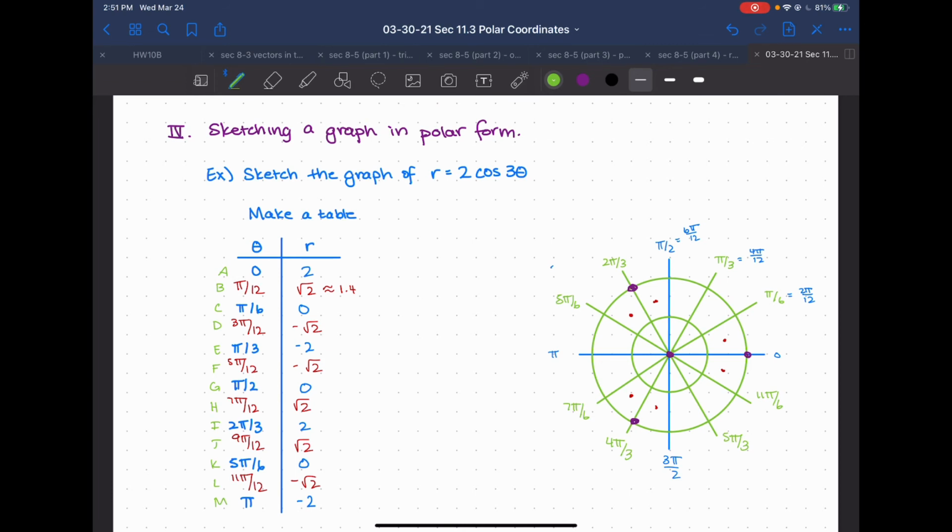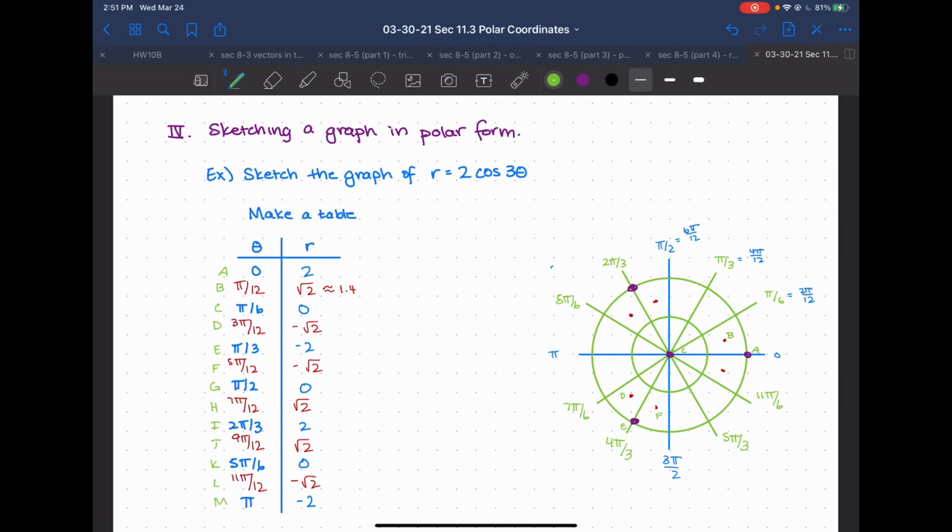And let's go ahead and plot these points here. So A is at 0, 2. This was right here. And then B went to here. C put us back at the origin. I'm going to wind up with a lot of points at the origin, so it's going to get a little crowded over here, but that's point C. Point D put us right here. Point E put us right here.